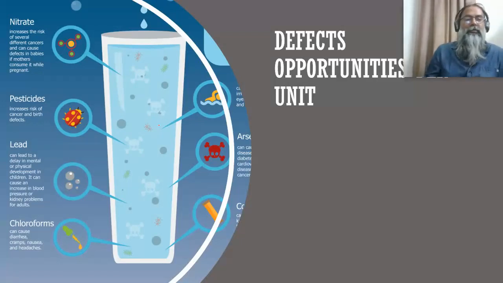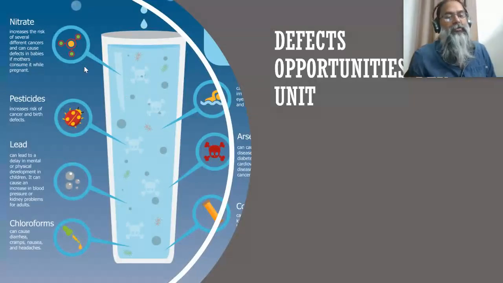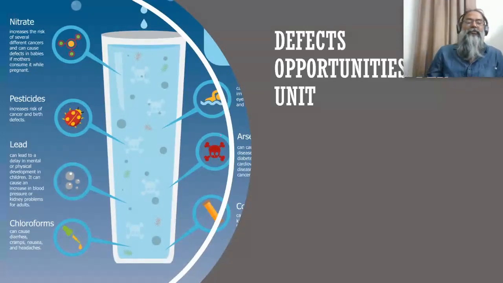Like here in this water bottle, you can see there can be several defects, starting with the nitrate level, then the pesticides, lead, chloroforms, and so on. You can see there are seven defects that can be identified in this product.